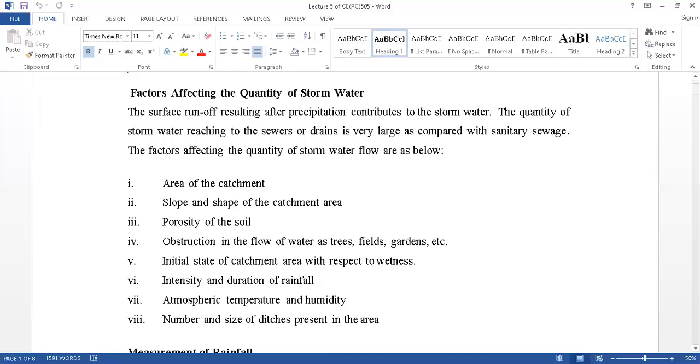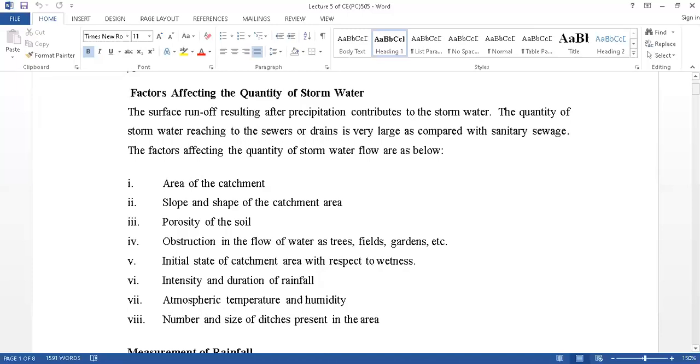Those two are very important in the case of stormwater flow. Obviously the more the intensity, the more the surface runoff. The more the duration, definitely the stormwater flow will be more. And the climatic condition like summer, winter, temperature, humidity will also have an impact on the stormwater flow.